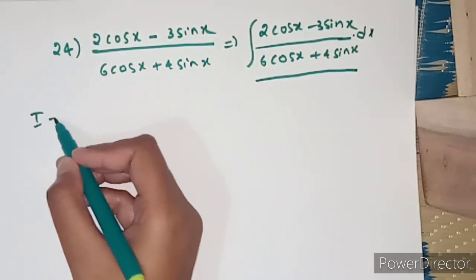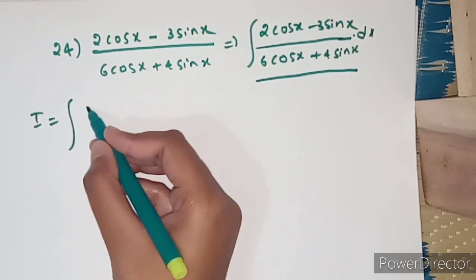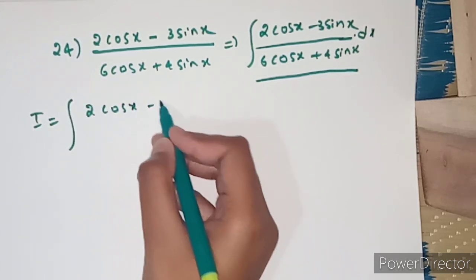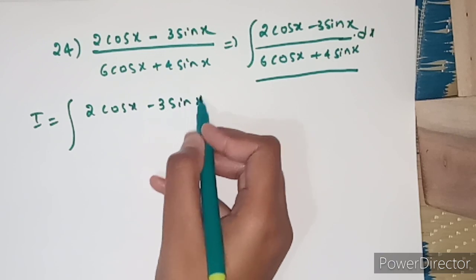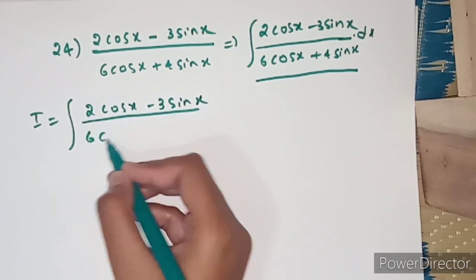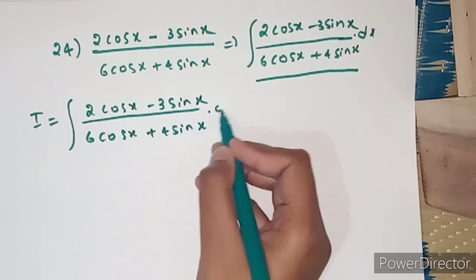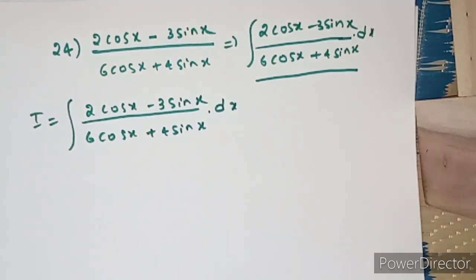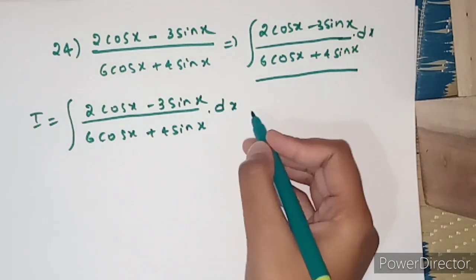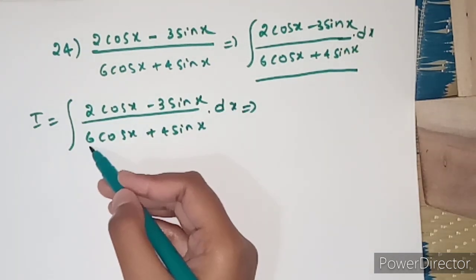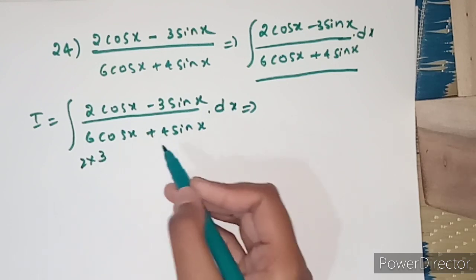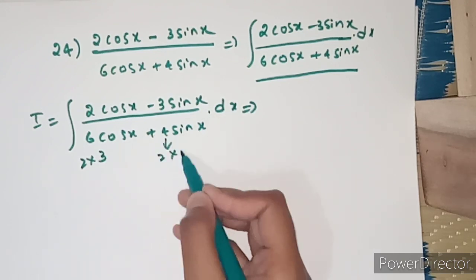Now we take this integral as I. So I is equal to the integral of (2 cos x minus 3 sin x) upon (6 cos x plus 4 sin x) into dx. Next we have to choose one function as t. Before that, 6 is nothing but 2 into 3, and 4 is 2 twos.